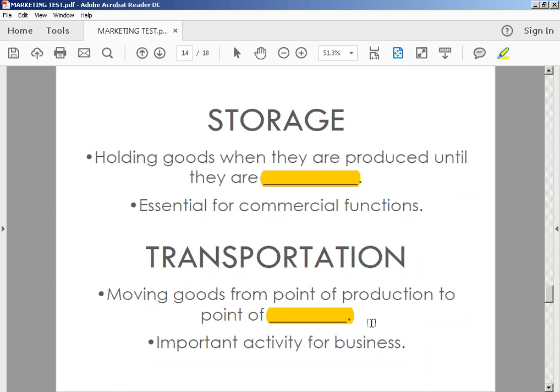Transportation is an important activity for the business. As we have discussed in yesterday's lecture, it is very much important for the business.